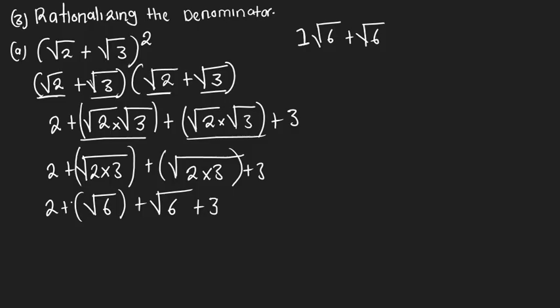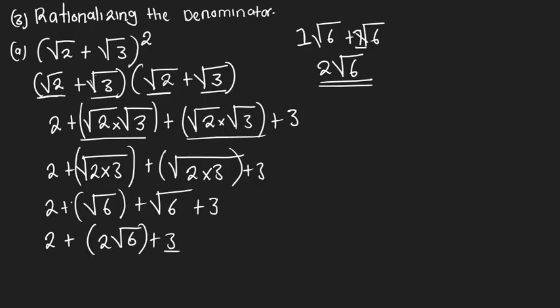Two root of 6. There's one there, there's one there. It is 2 root 6. So this can also be written as 2 root 6 plus 3, 3 plus 2 is 5, plus 2 root 6. That's how you find this.